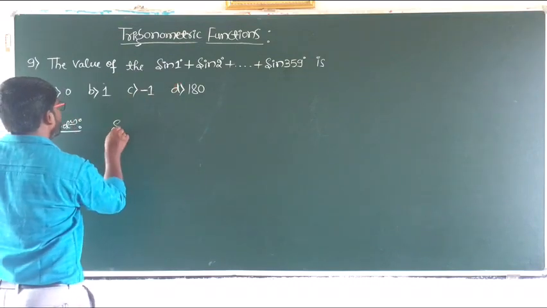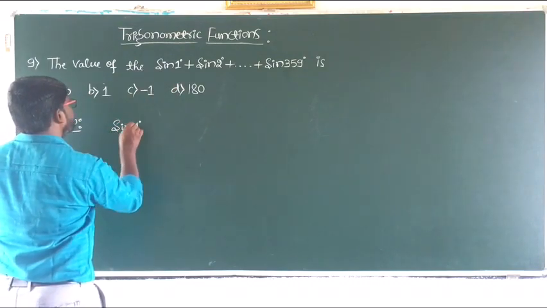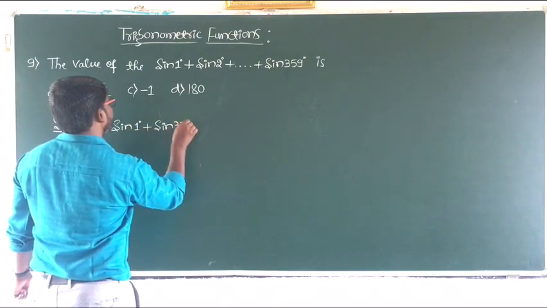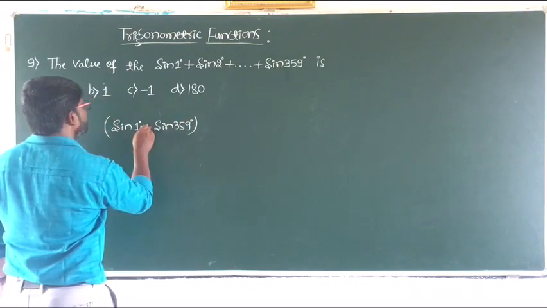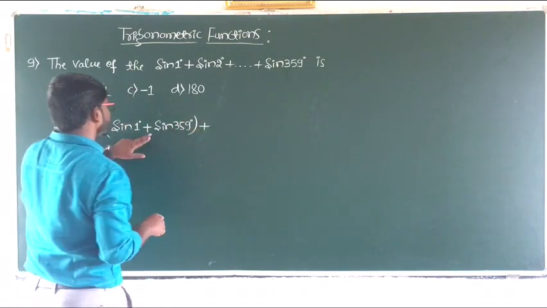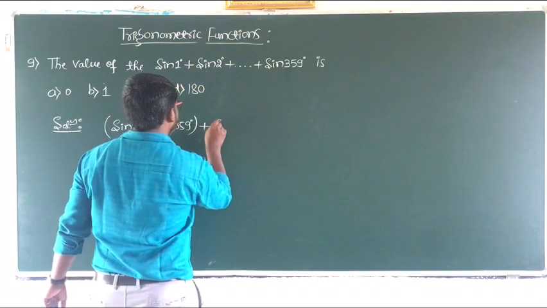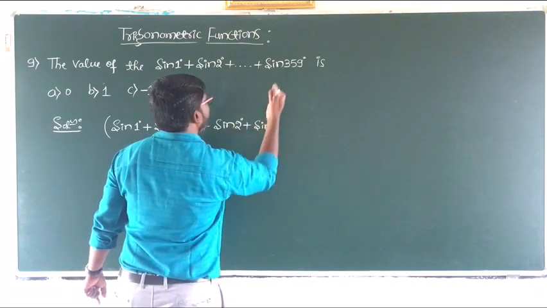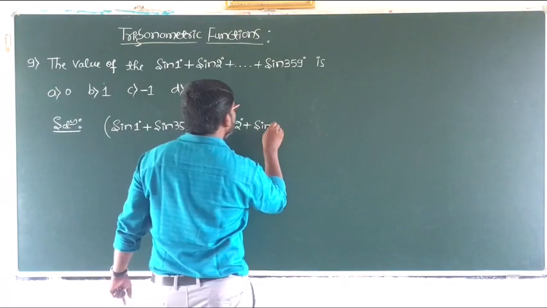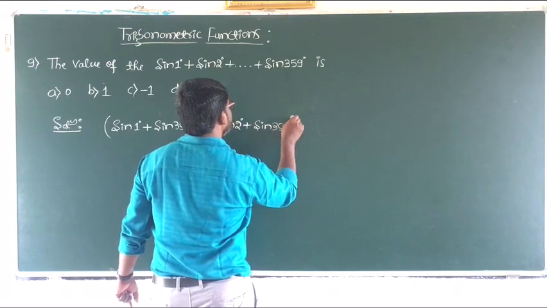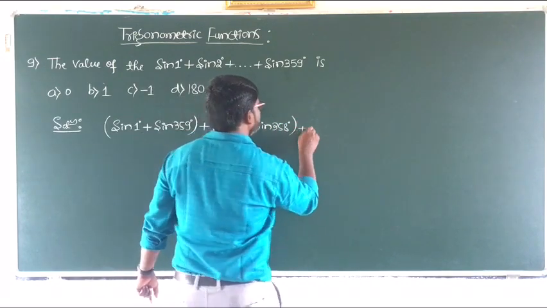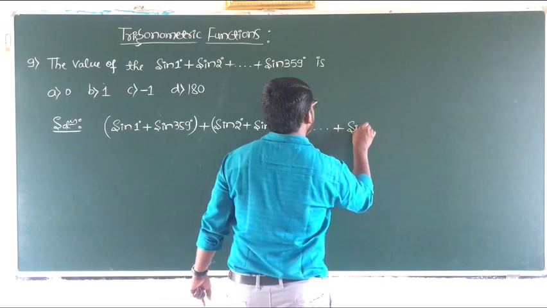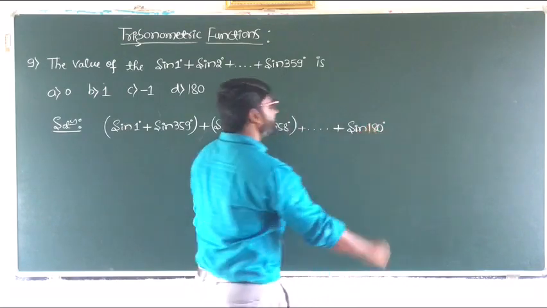Sine 1 degree plus sine 359 degree, plus now take the next term, sine 2 degree plus sine, we take the previous angle, that is 358 degree, and it continues so on. The last angle that is left out will be sine 180 degrees.